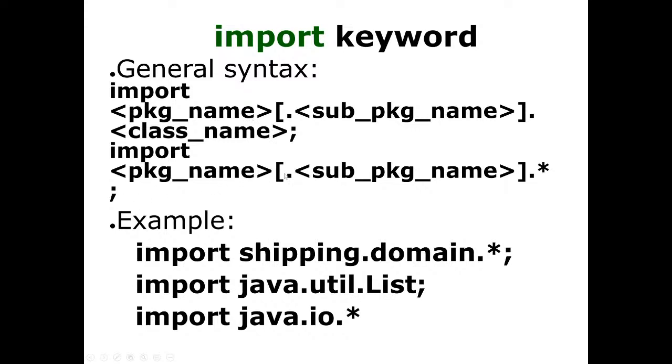And if we use a star, it means that we import all the classes from the corresponding package. Right, I think it makes sense. Here are some examples, like java.util.List. So this is the class which will be imported.